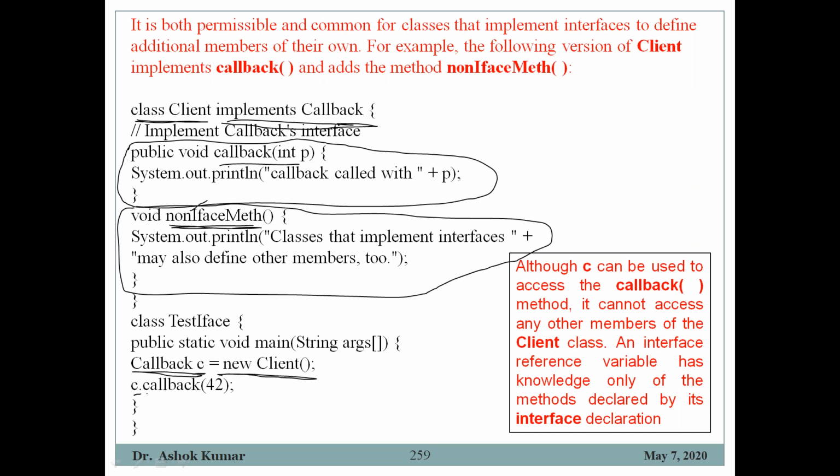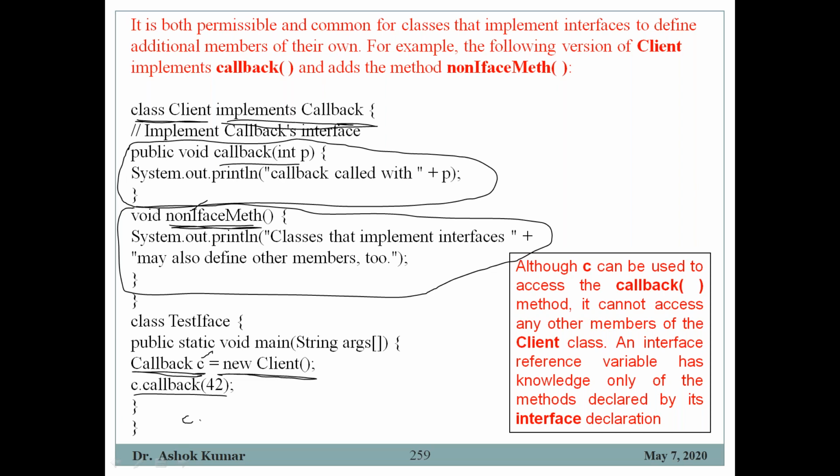You can call callback with the reference of interface type, but with this c, you can't call non-interface methods, that is the methods that are not declared in the interface, or the methods that the class has added on its own.